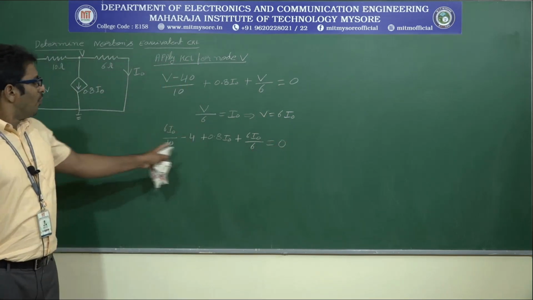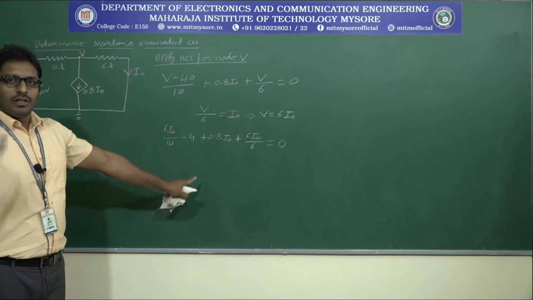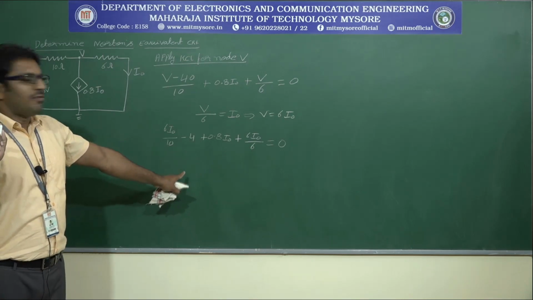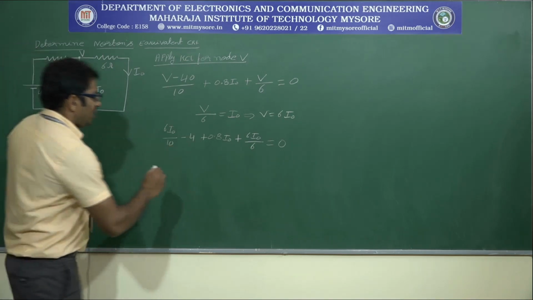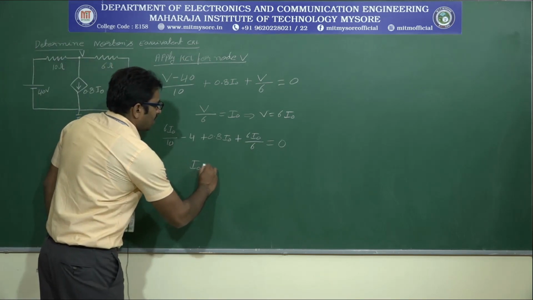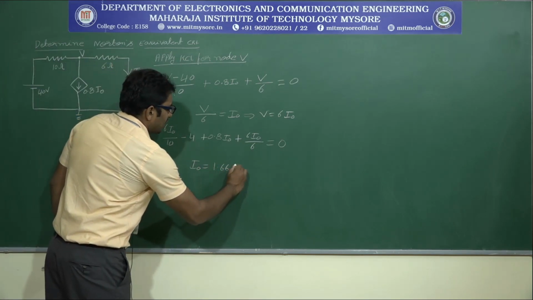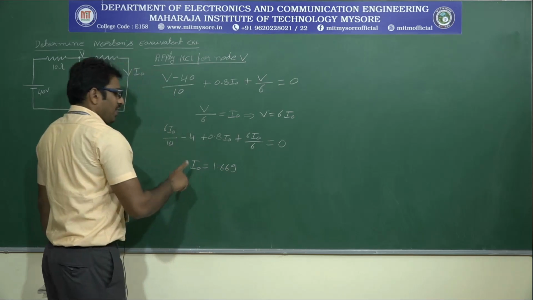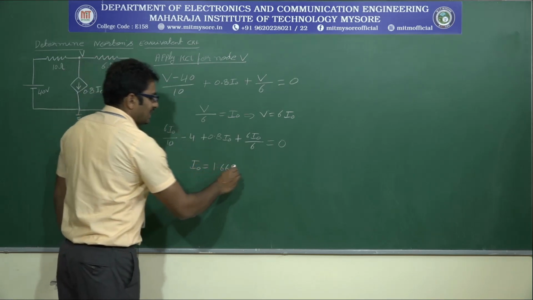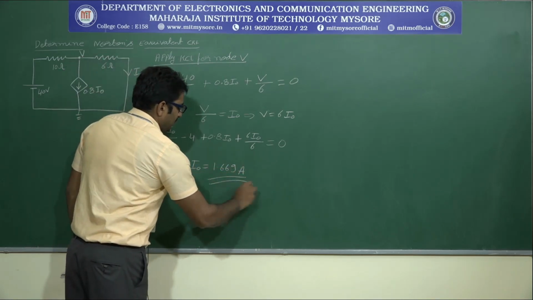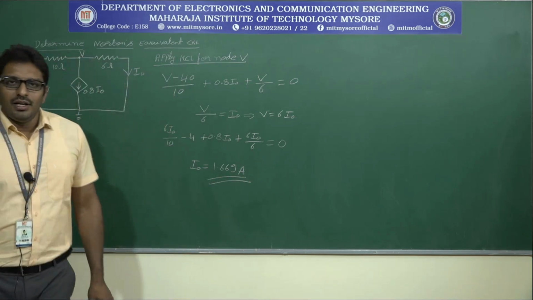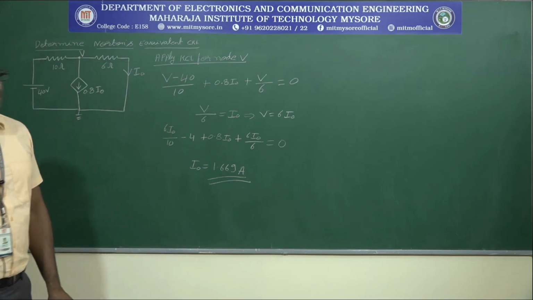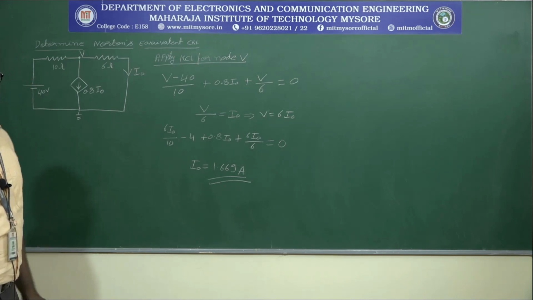Now you can say only one equation with only one variable. What is that variable? I0. After simplification you will get I0 is equal to 1.669 amps. This is nothing but Norton's current, also known as short circuit current.